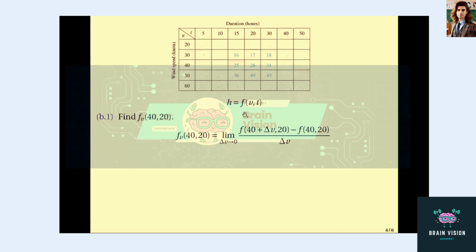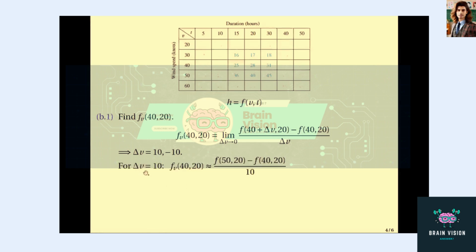Since we don't have any explicit expression for h, we can only approximate the partial derivatives using the table. The nearby numbers from 40, looking at the table, are 30 and 50, and both of these are 10 units away from 40, so we can take delta v to be 10 or negative 10.